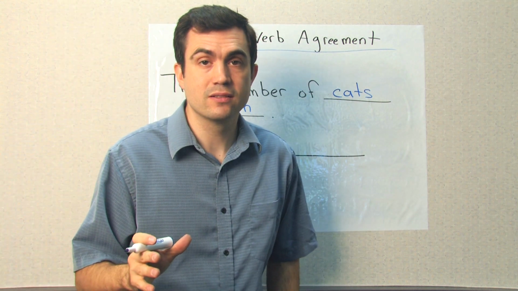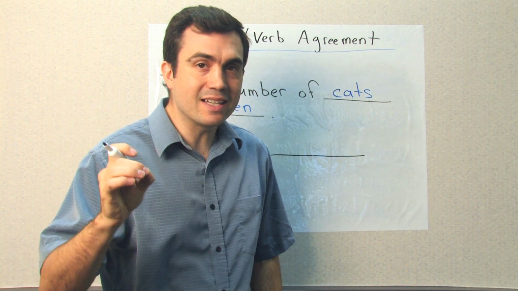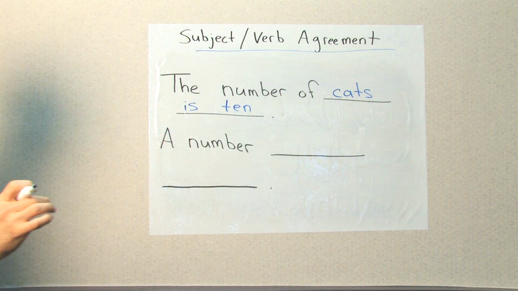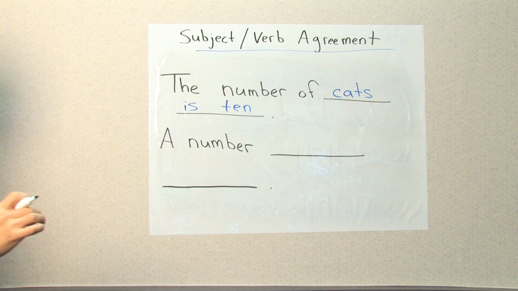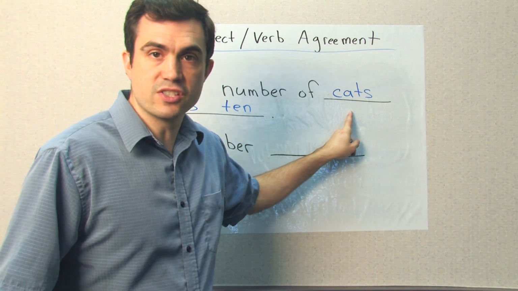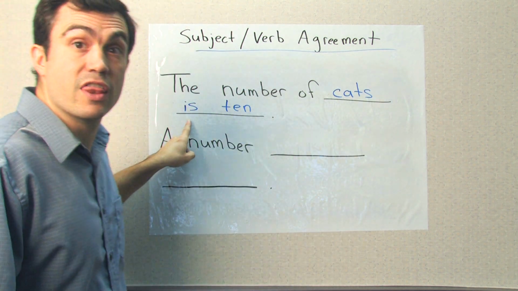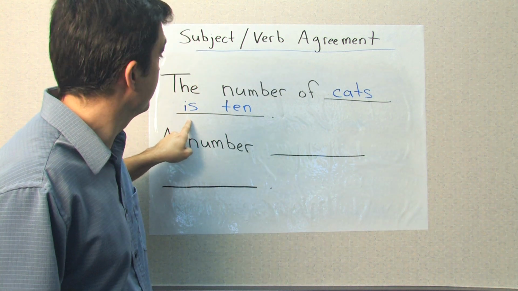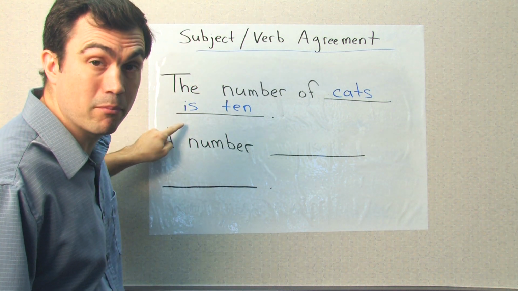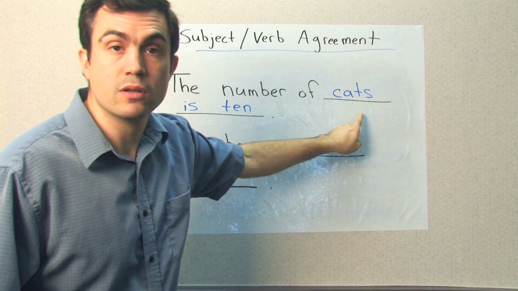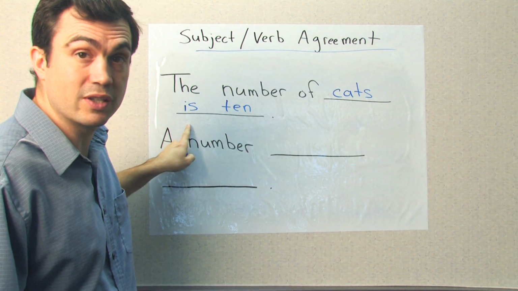This is correct. The number of cats is 10. This is plural. This is singular. Okay? So for the number, we're going to use plural, singular.